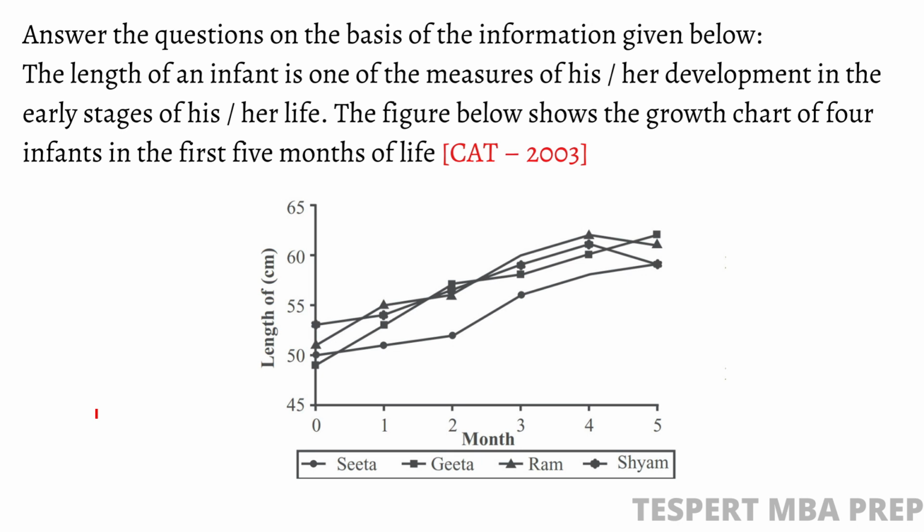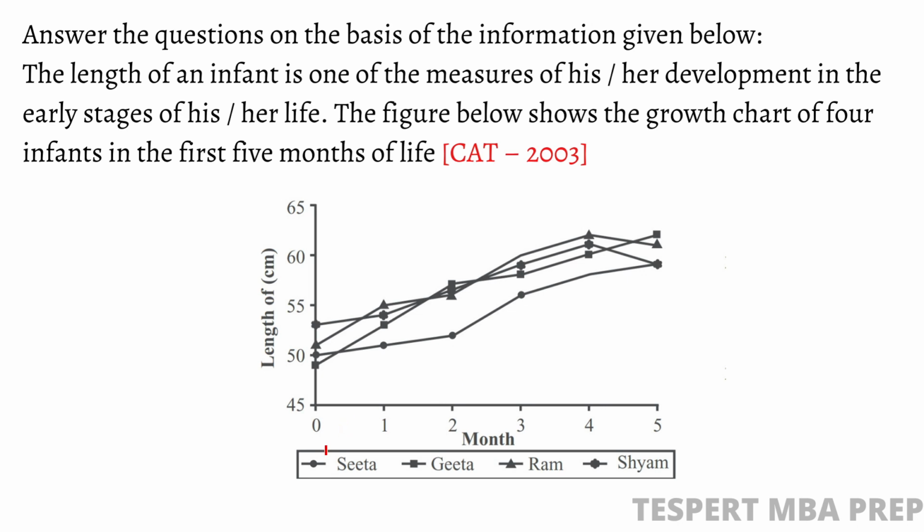The length of an infant is one of the measures of his or her development in the early stages of his life. The figure below shows the growth chart of 4 infants in the first 5 months of life, right?